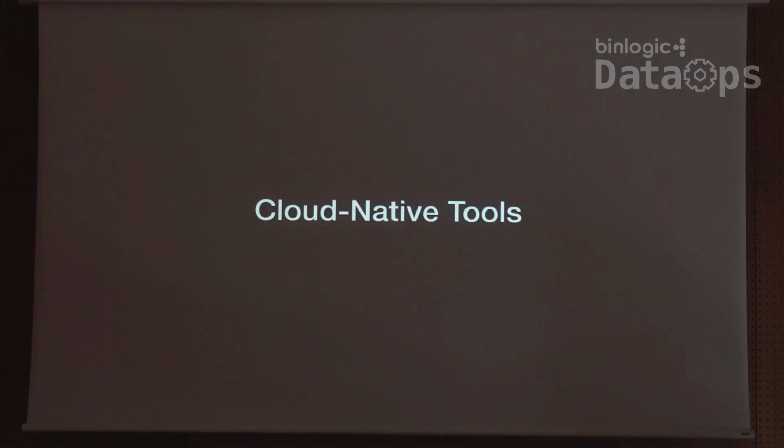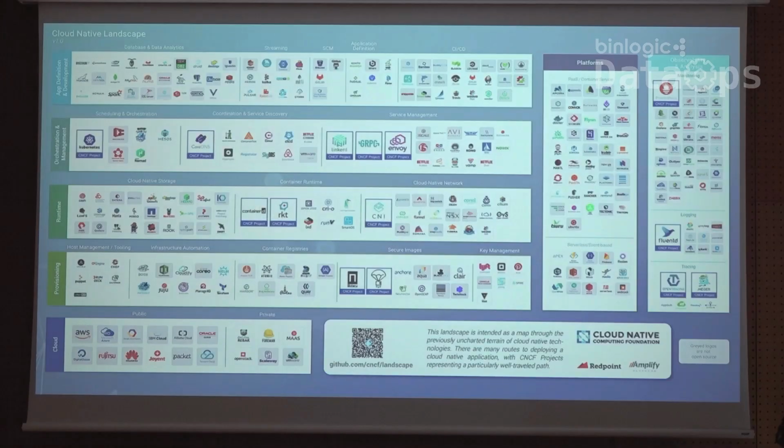So, about the cloud native tools, this is the CNCF, the Cloud Native Computing Foundation. They are like the hub for many open source and also non-open-source applications that make working with the cloud easier.